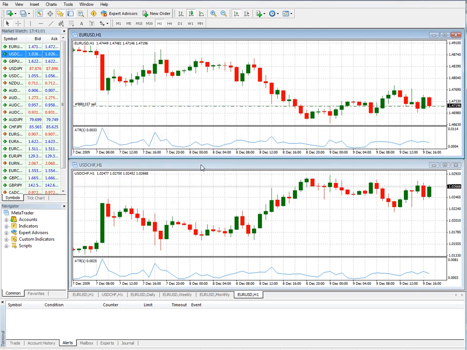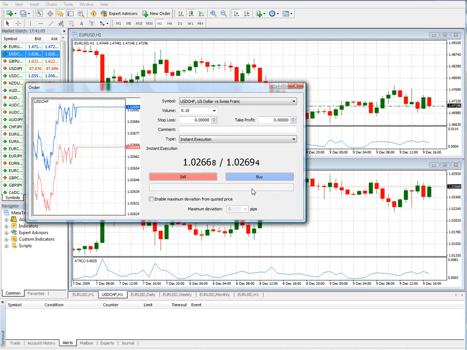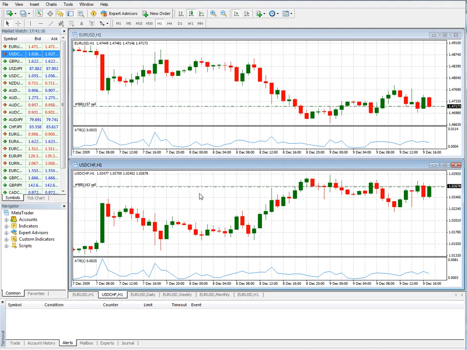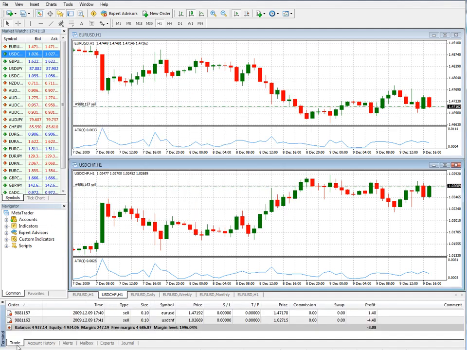I've sold that. Now what I'm going to do is I'm going to immediately go down here, and I'm going to sell the US dollar Swiss franc. Okay, so I've sold that.